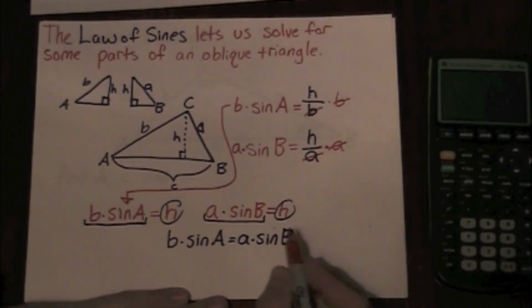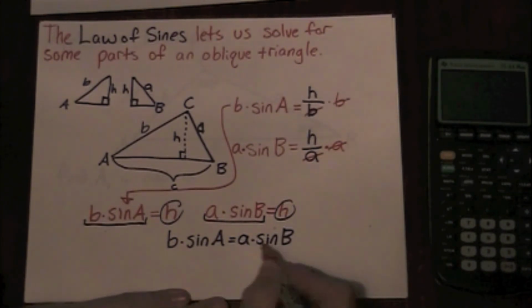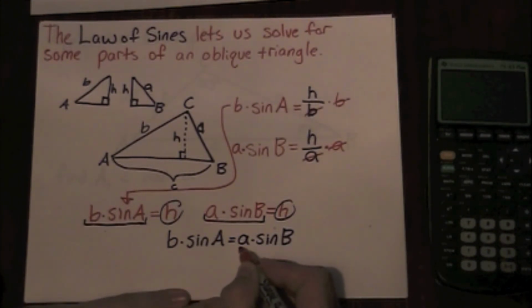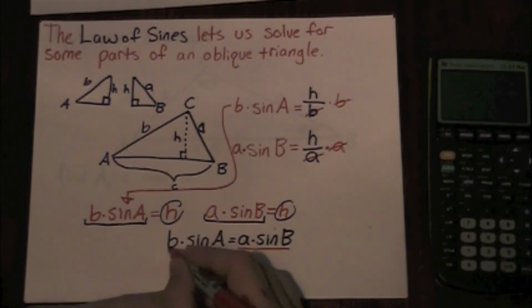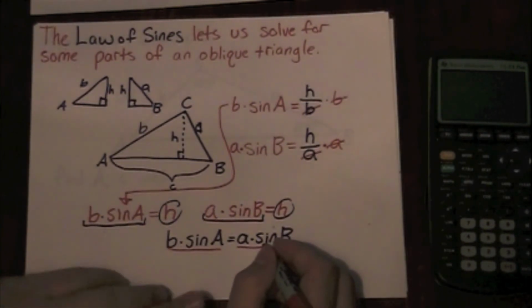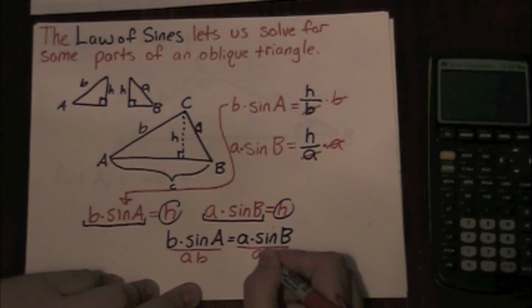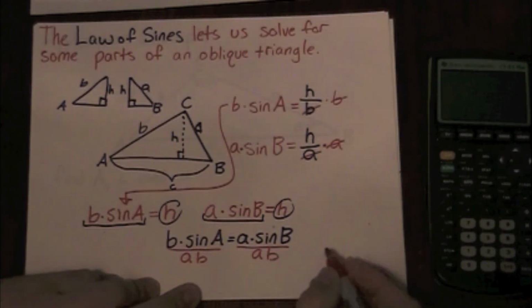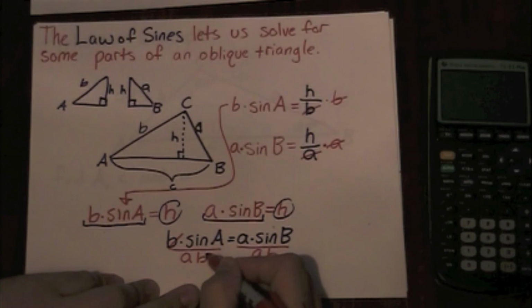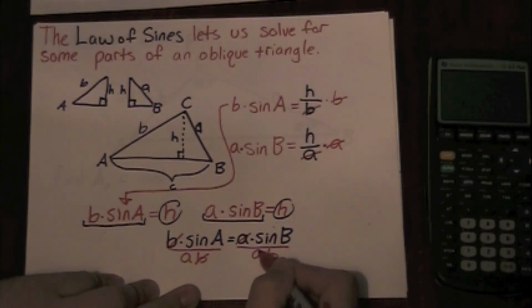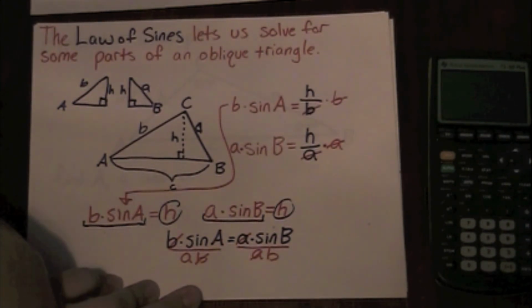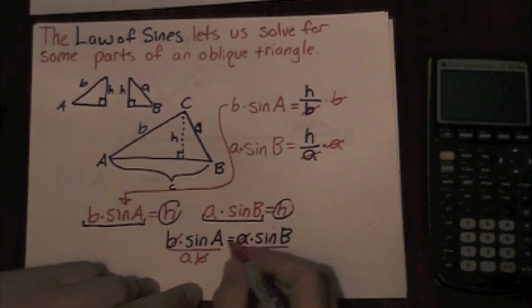With a little bit more quick algebra work, I can divide both sides by ab, and that's going to leave me with the opposite sides and angles in the same parts.